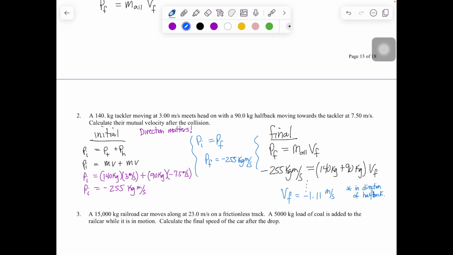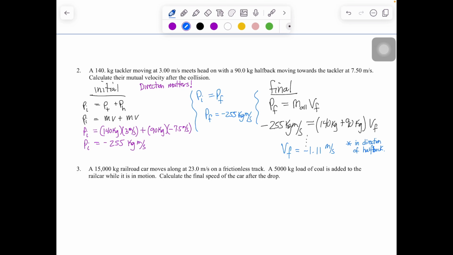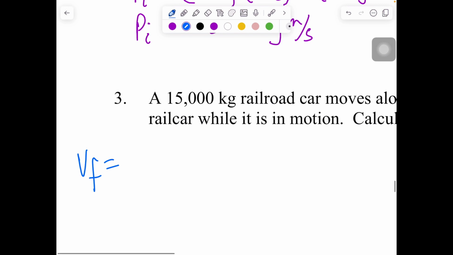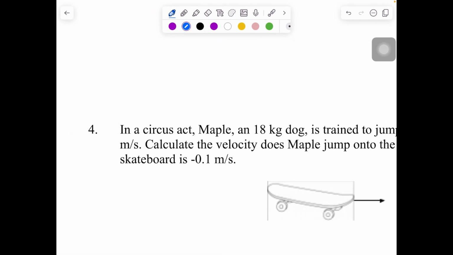Okay, so there's an example where you have two things that are moving at the start, but it's still an inelastic collision. So let me give you the answers here for the rest so that you can check your work. For number 3, our V final, I want you to jot these down, is 17.25. Try that one. For number 4, I think we're looking for V initial in this one, yeah, is 0.14 meters per second.